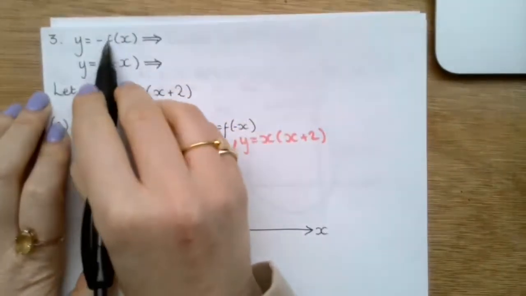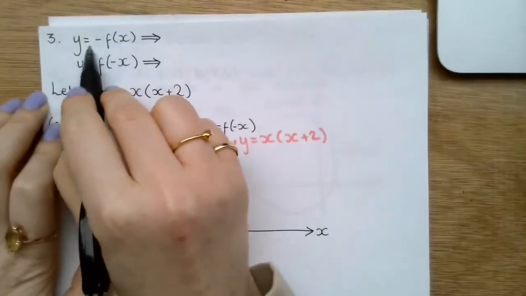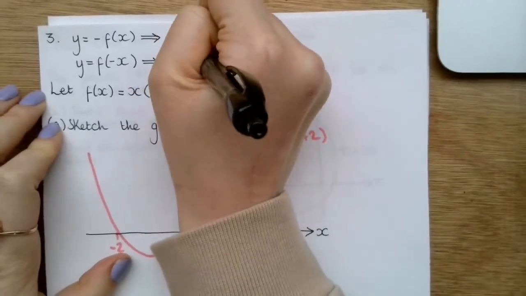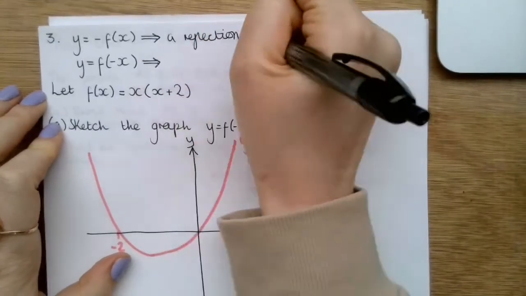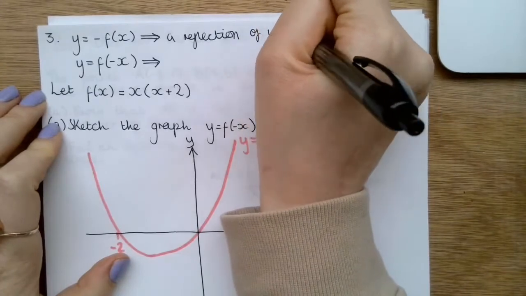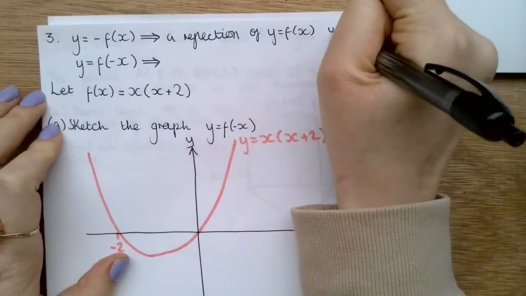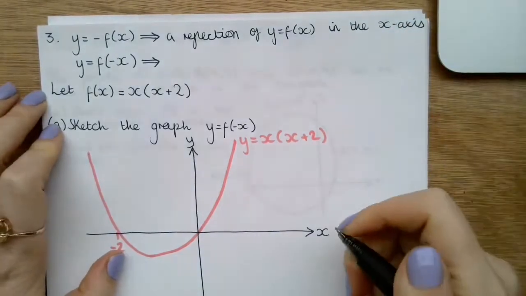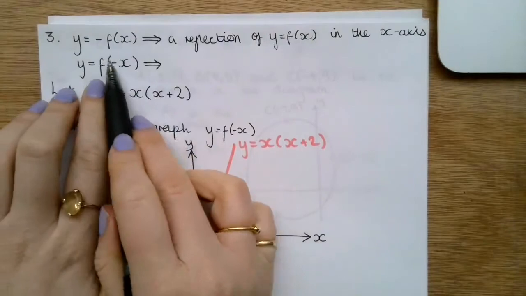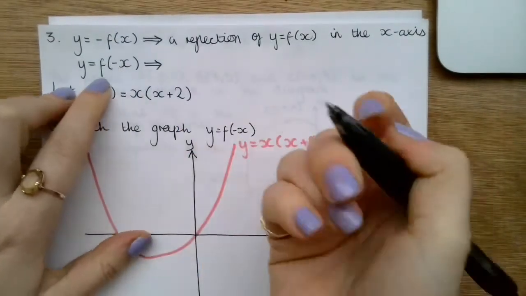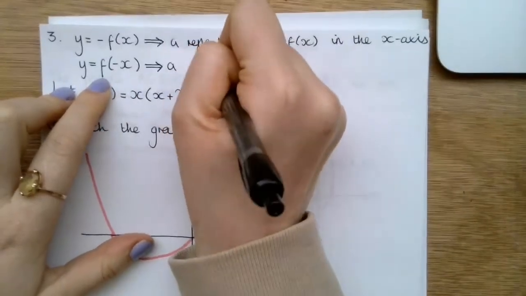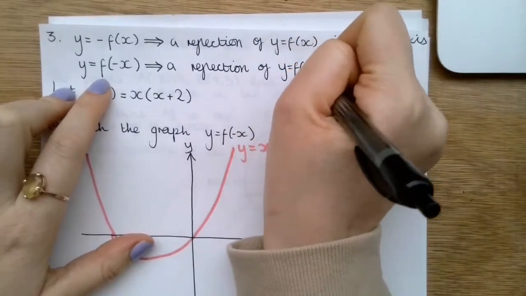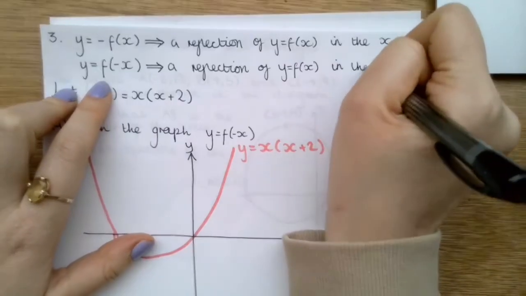The first one, when the negative symbol is outside of the function, this is a reflection of the graph y equals f of x in the x-axis. And then when the negative symbol is inside the function, this is a reflection of y equals f of x in the y-axis.